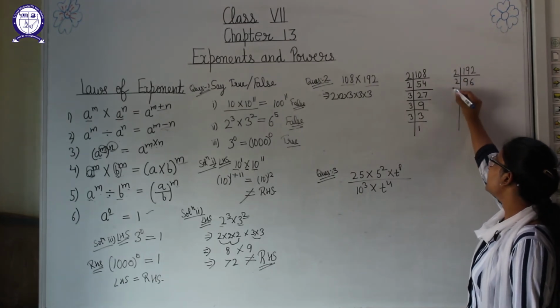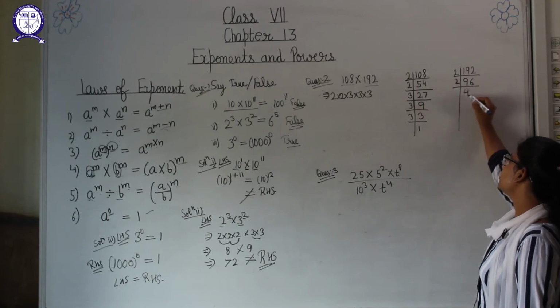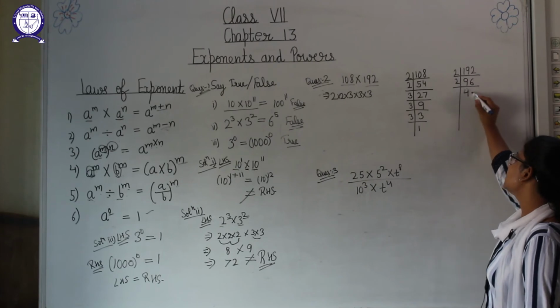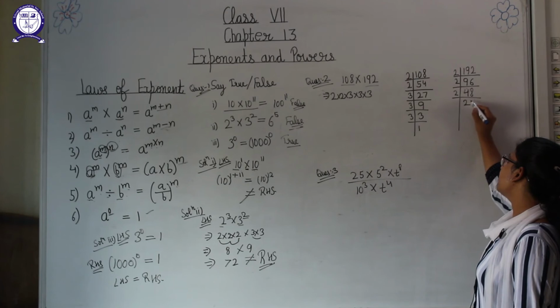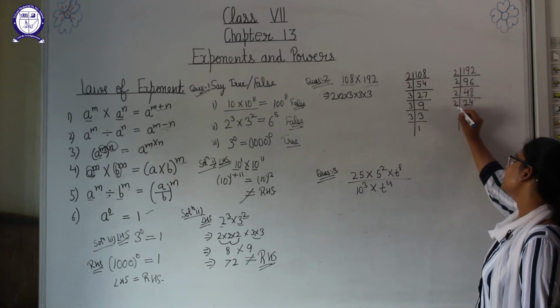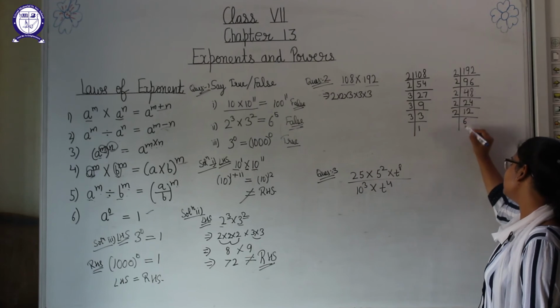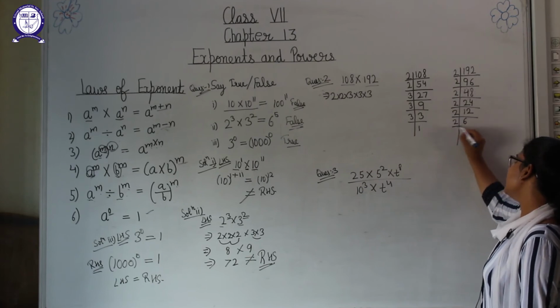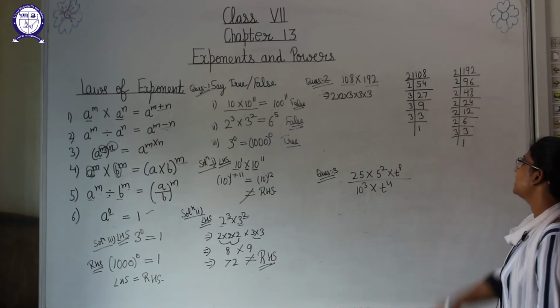We can again divide it by 2, 4 2s is 8, it will become 16, then 8 2s is 16. Now 2 2s is 4 and 4 2s is 8. Again we can divide it by 2, we get 12, then again divide by 2, we get 6. Again divide by 2, we get 3. Now we will divide it by 3, we get 1.